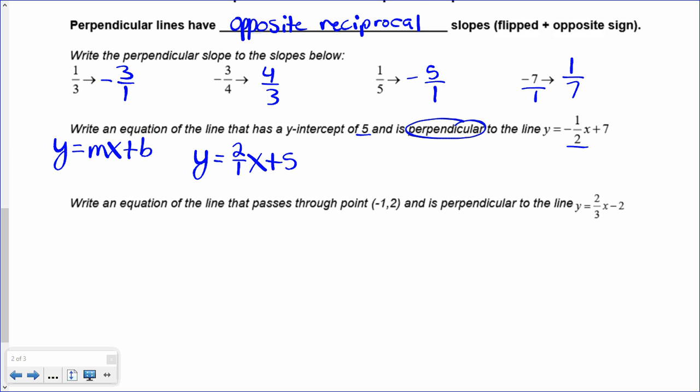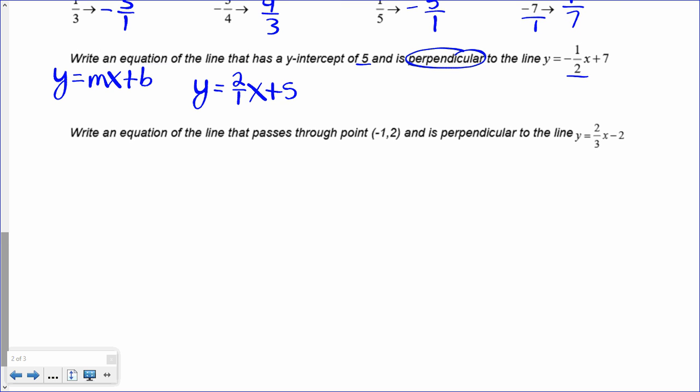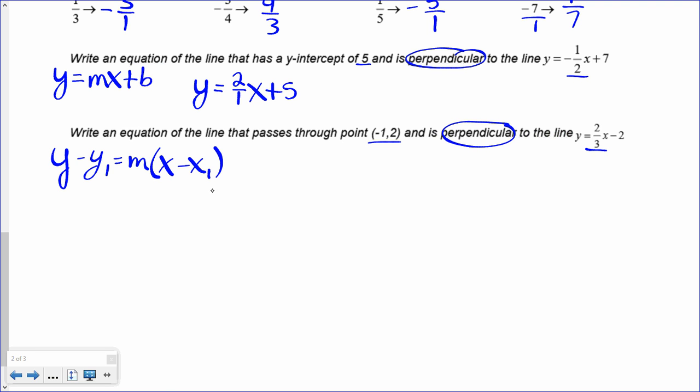All right, what about the next one? Which form of an equation would I use? This is going to be point-slope because they give you a point this time. So I have a point, and I'm going to be perpendicular to this one. My formula is y minus y1 equals m times x minus x1. Okay, everybody ready?